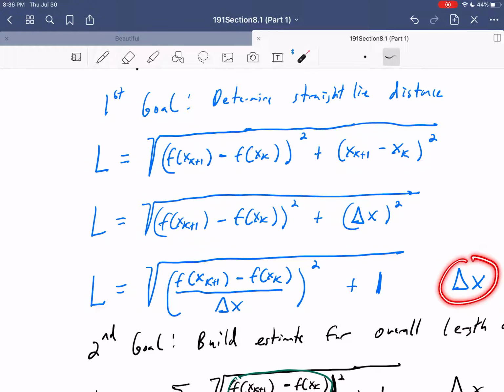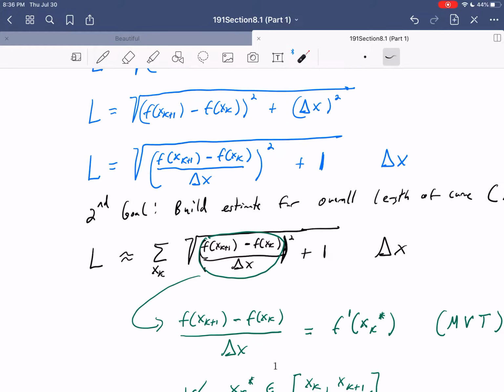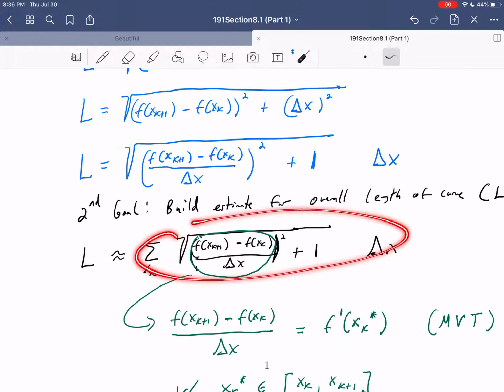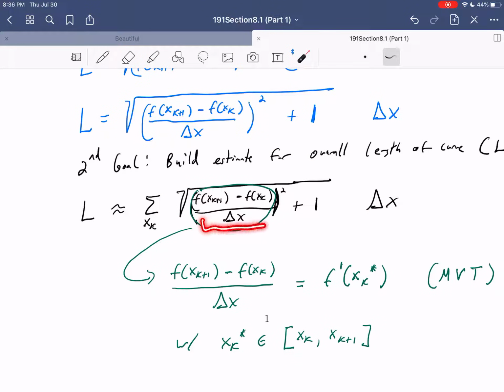That put a delta x here, and then built this bizarre fraction here. Then we said, okay, we can get an estimate for the overall length by just taking the sum of all these straight line pieces. But then we needed to deal with that weird looking fraction because we had never had a delta x show up inside what we eventually thought would be the function we're going to be integrating.